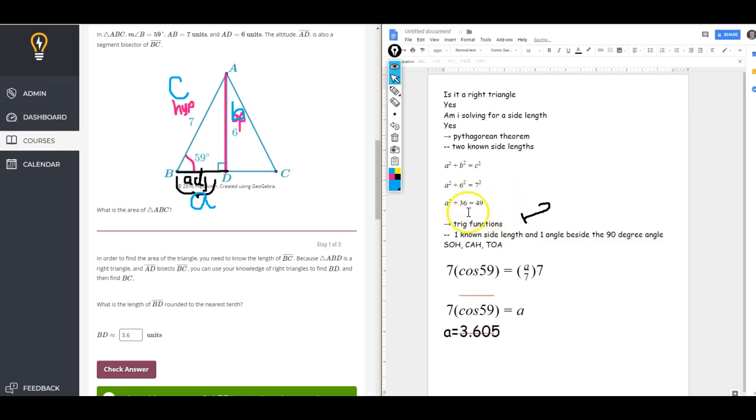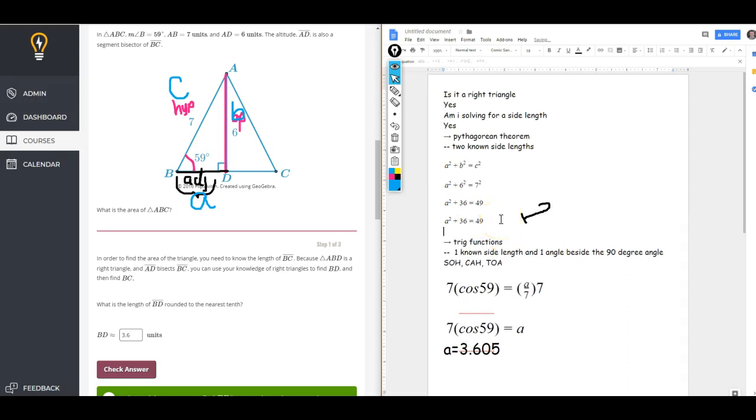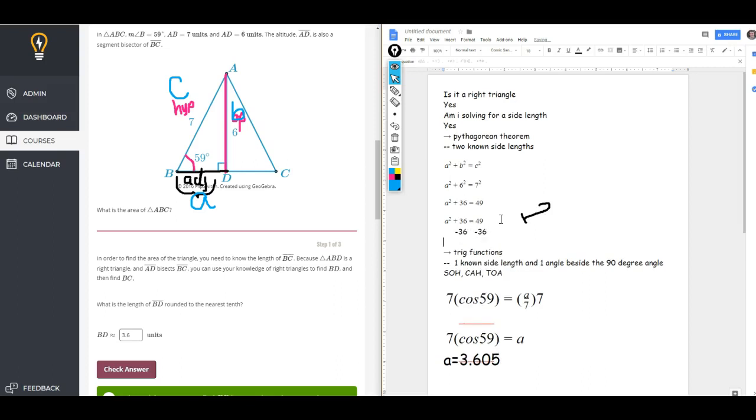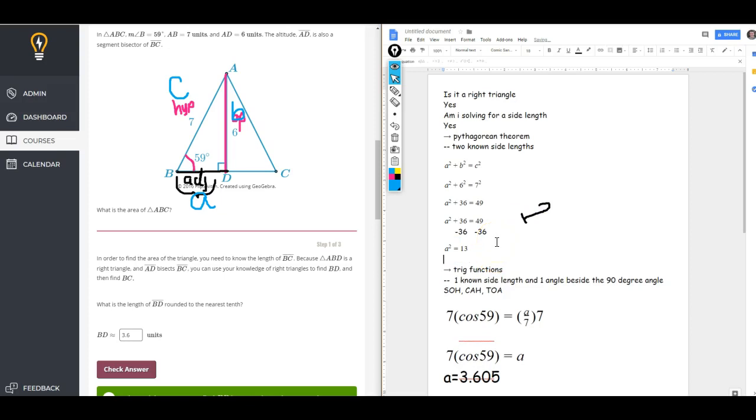So then how would I solve for A squared? We would want A squared to be by itself, so we would subtract 36 from both sides, and 49 minus 36 leaves us with 13. So we would have A squared equals 13. So now how do you undo a squared?